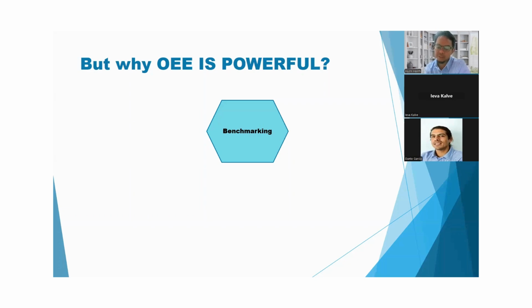First of all, the main one is benchmarking, where you compare your own production line with another, same production line. If one line is doing 65% OEE and a few more of the same production line are doing 30% or 40%, from there you know what exactly is happening and what the problem of the other lines really is. That's the most important thing.